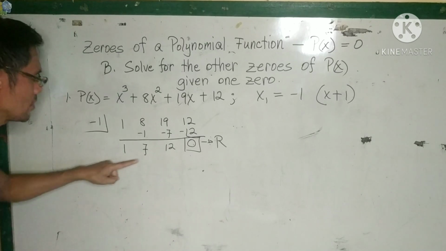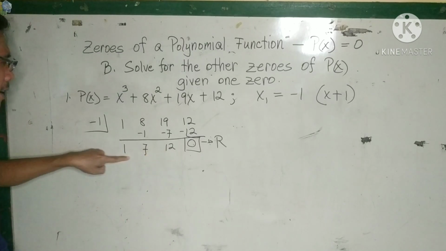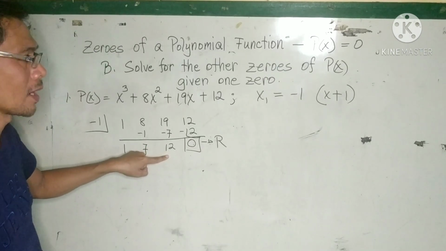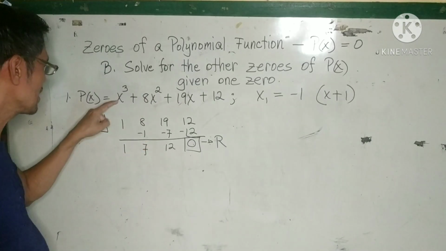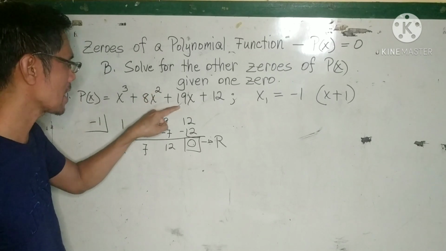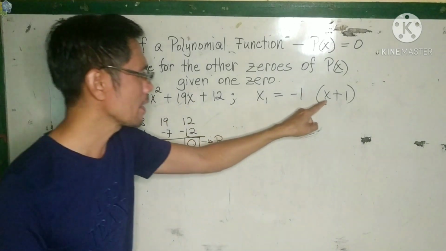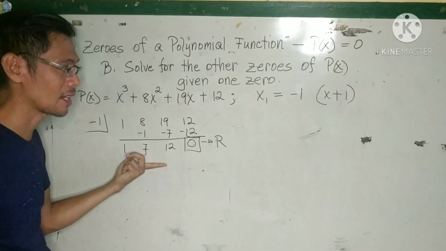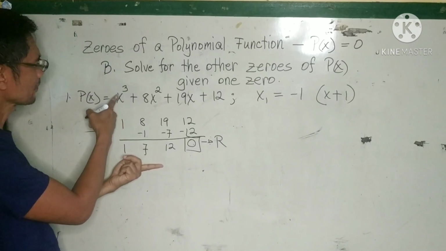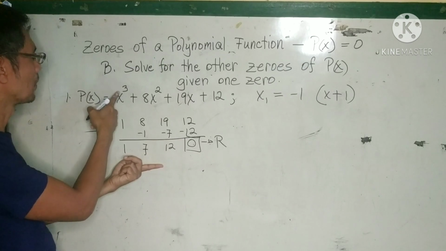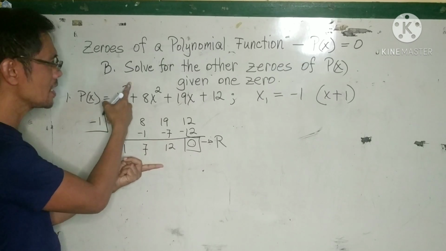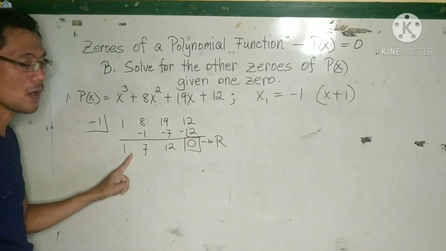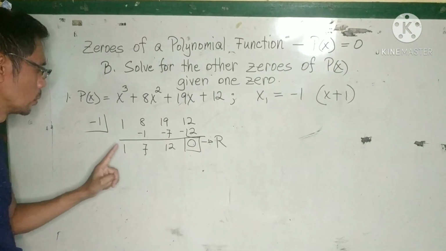From our synthetic division, from the values here, this becomes now the numerical coefficients of our quotient. That is dividing x cubed plus 8x squared plus 19x plus 12 by x plus 1. The result would be taken from here. Since the degree of our p of x is 3 and the degree of our divisor is 1, 3 minus 1, the degree of our quotient will be 2.